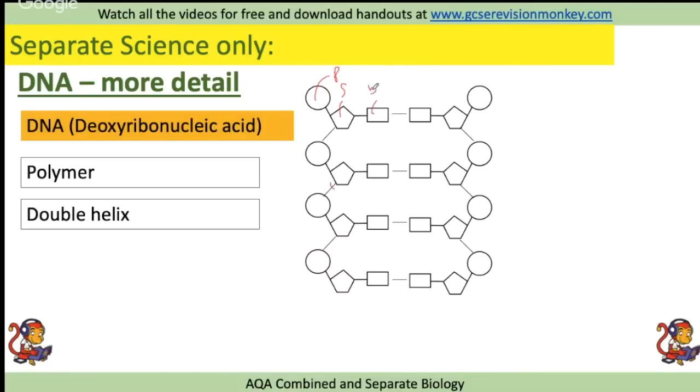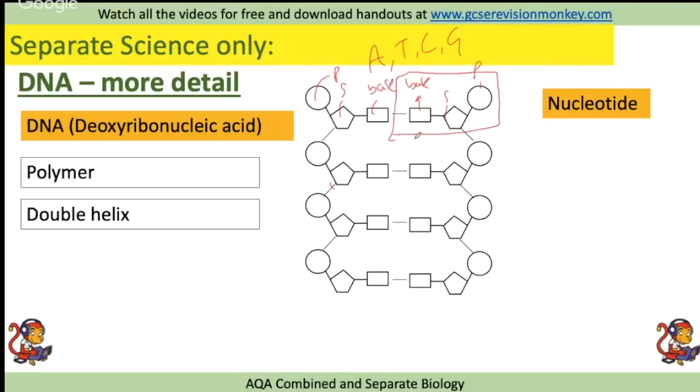And you've got bases in the middle. Those bases can be A, T, C, or G. The word nucleotide might come up. This consists of this triplet here. Okay, a base, a sugar, and a phosphate. One of those is called a nucleotide.